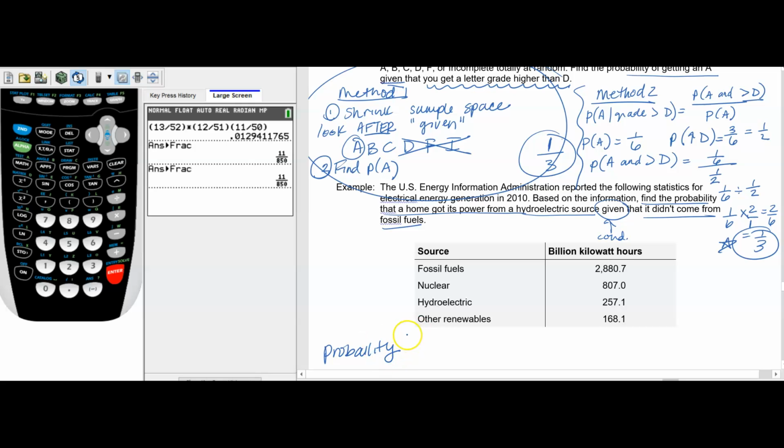Let me write it like this: the probability that the home got its power from a hydroelectric source given that it didn't come from fossil fuels.